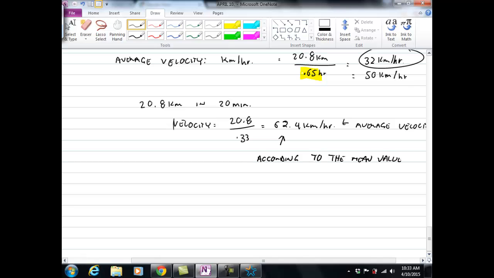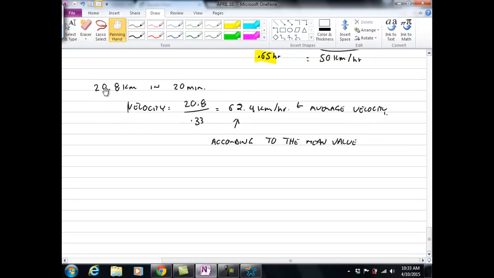It doesn't mean I'm traveling at this speed all the time, but according to the mean value theorem, there's a point in time when I am traveling at this speed. So if a cop says you're going this much, there's a point in time, and you know what? He just used calculus to bust you.